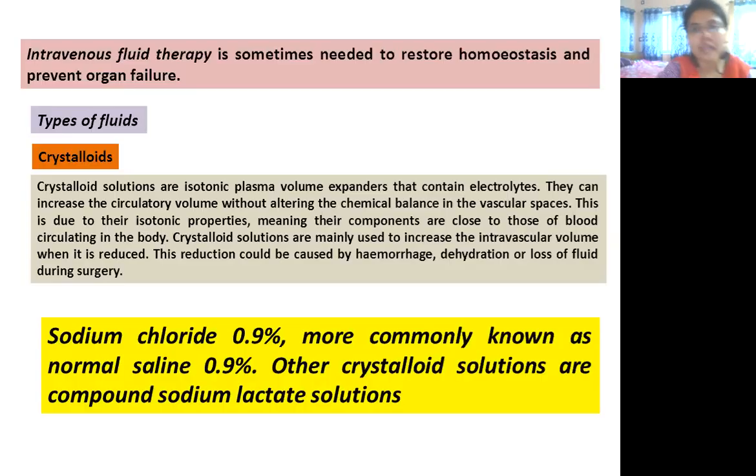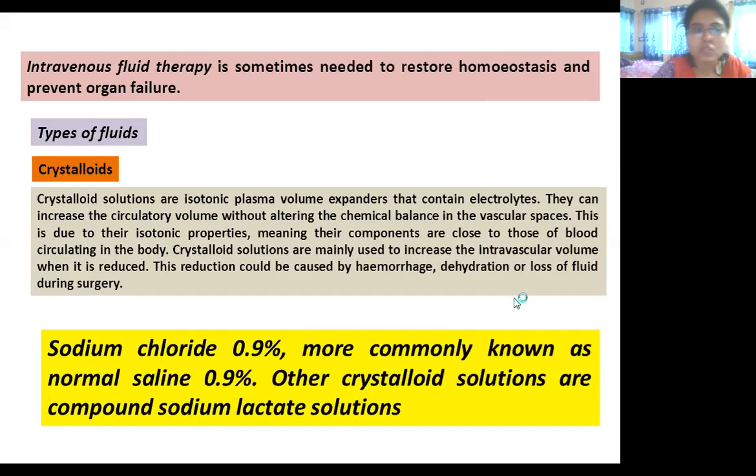When we are in a sick condition or disease stage, saline is quite a normal term for us. They can increase the circulatory volume without altering the chemical balance in the vascular spaces. This is due to the isotonic property of the saline, meaning their components are close to those of the blood circulating in the body.